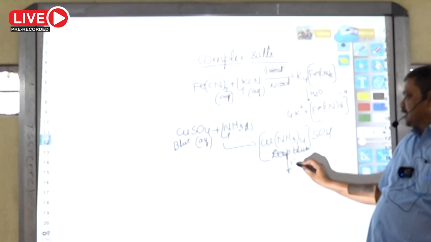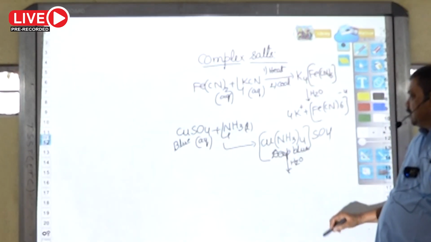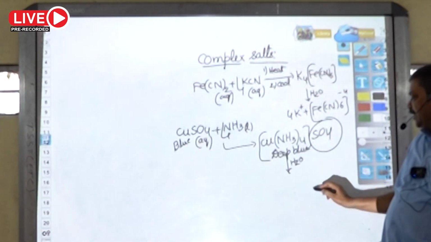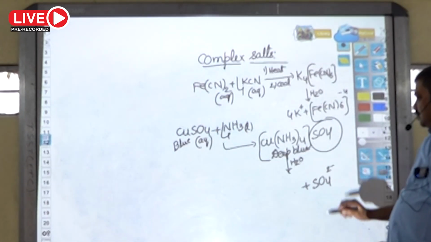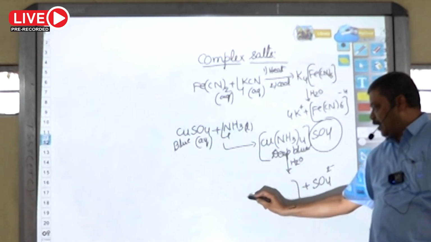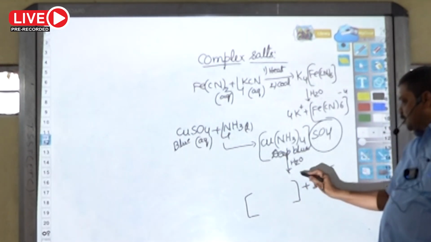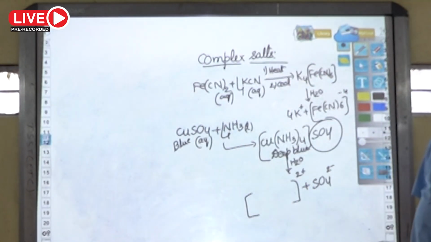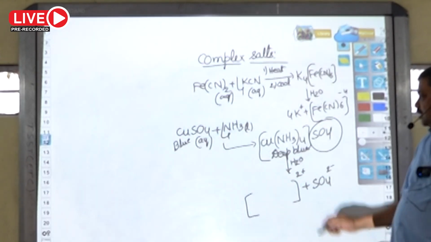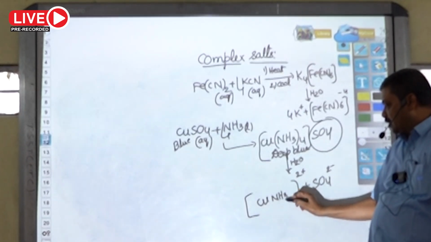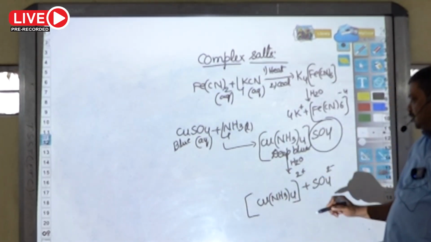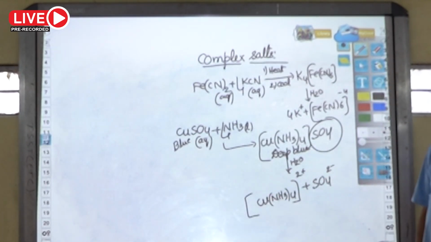But when this complex is dissolved in water, only the outside sulfate will become one ion. The entire square bracket, 2 plus, is the other ion. The other ion is [Cu(NH3)4] 2 plus.